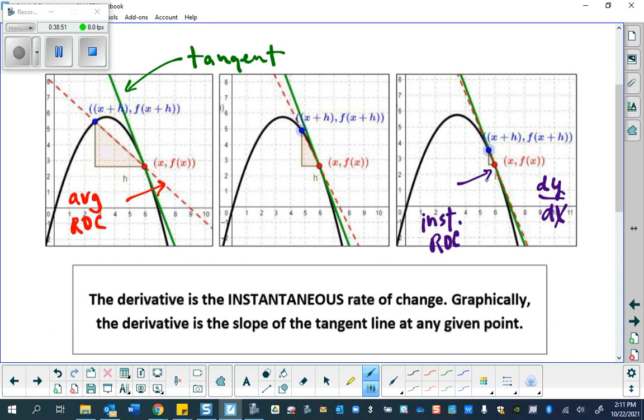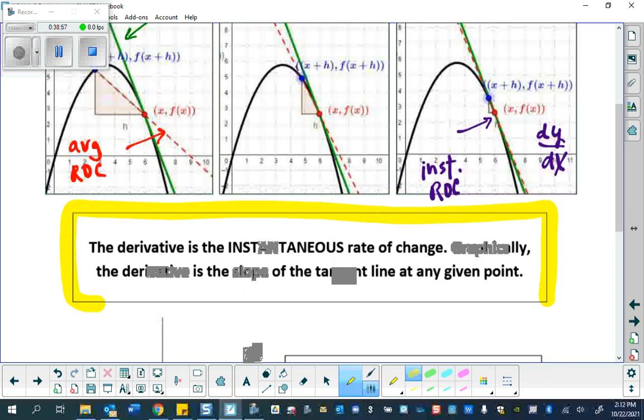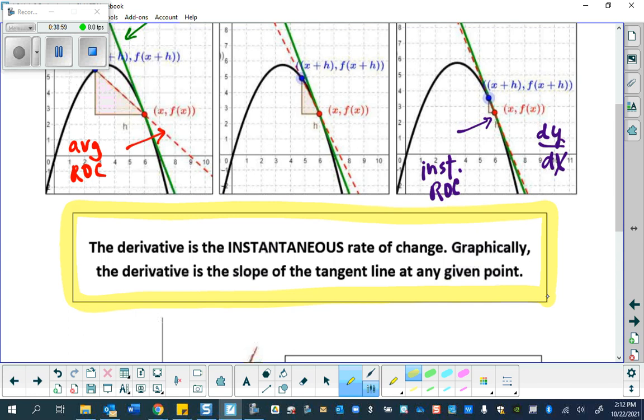Graphically, the derivative is the slope of the tangent line at any given point. And the thing is, we can't just take a tangent line because we can't take the slope, because if a tangent touches it at one point, I can't get a slope from one point. And that's where all of our Unit 2 limit conversations are going to come into play.